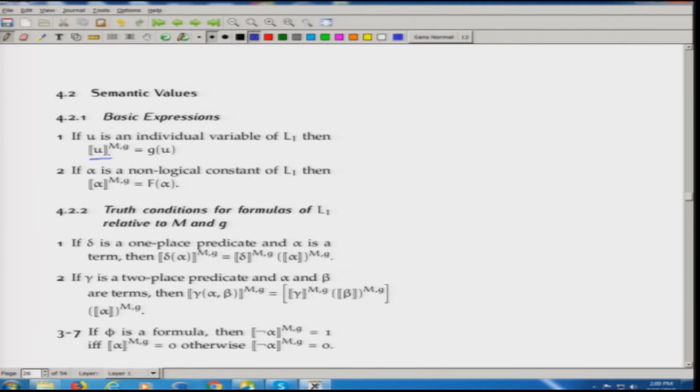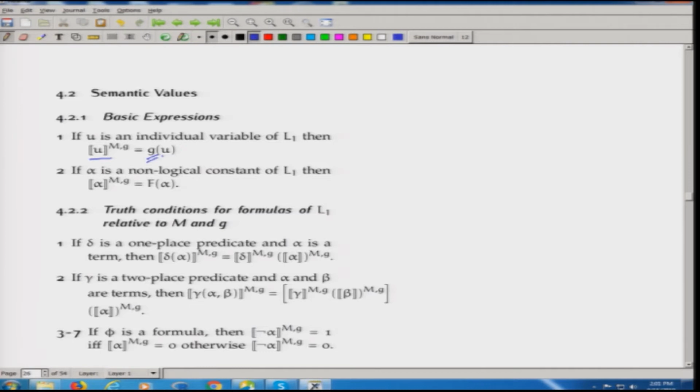So, for variables there is a function called g, a function that assigns meanings, denotations or values to variables, and there is another function, the known function f for constants. We will see f very shortly.